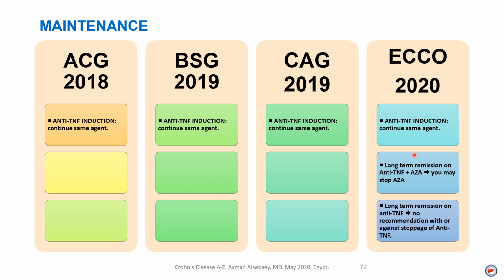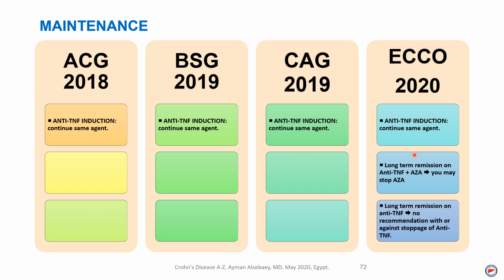Suppose that the patient now is in long-term remission using anti-TNF and azathioprine, and we know that there is an accusation of azathioprine in the formation of lymphoma. So the ECCO said that if the patient is in long-term remission, especially more than 2 years, you may stop azathioprine, but of course you should discuss with the patient first.